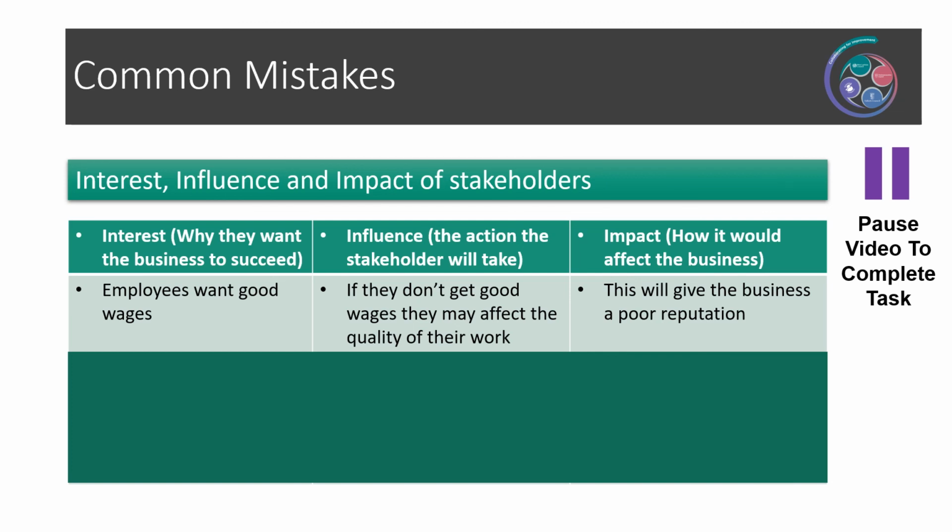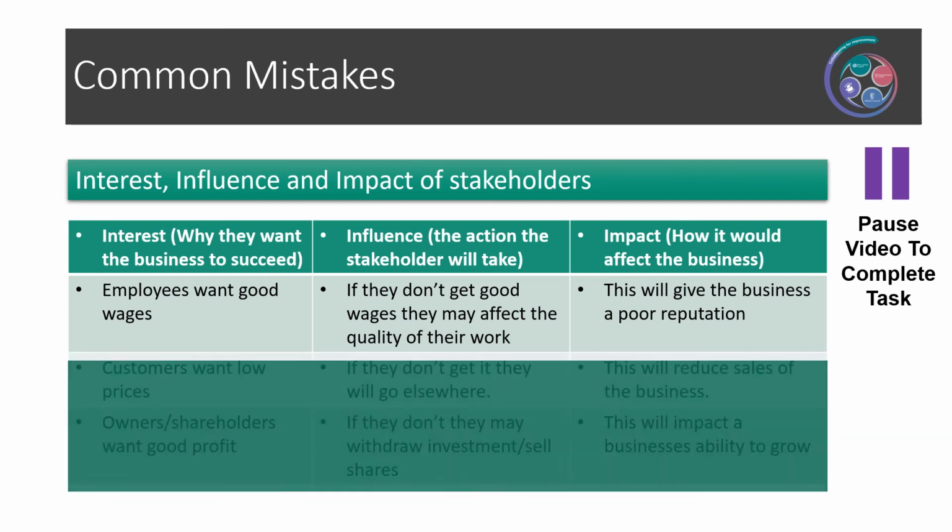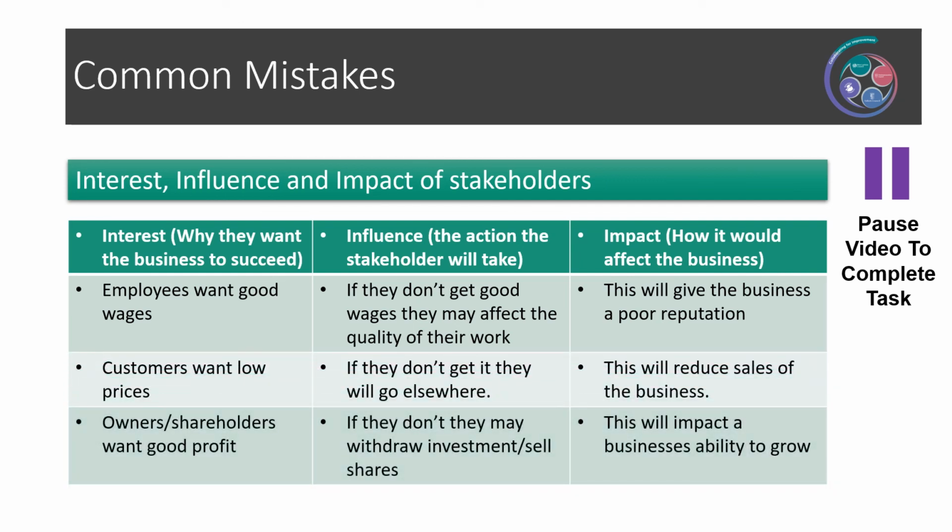Now, as the final question today, what we're going to do is pause the video for 5 minutes and answer the question for 2 other stakeholders. Okay, so your answers have just concentrated on customers and owners. So customers want low prices, and if they don't get it, they'll go elsewhere. And the impact, if they go elsewhere, it will reduce the sales of the business.